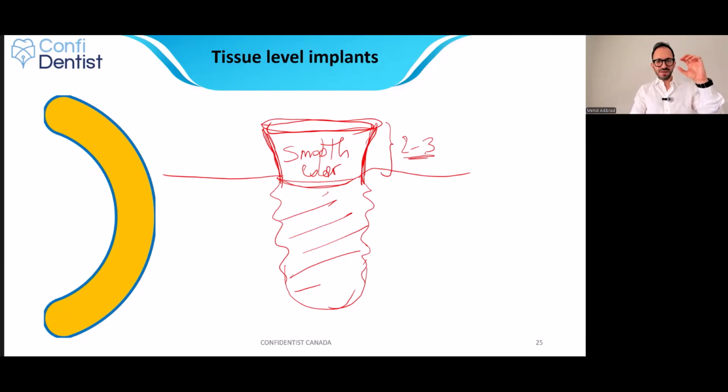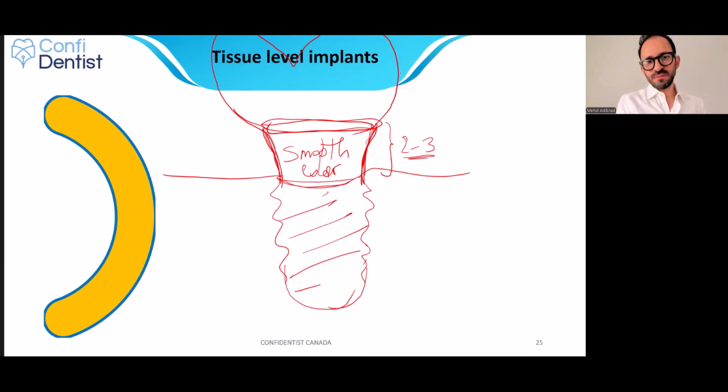Some implant designs have a little bit shorter smooth collar. When I say 2 to 3 millimeter, it means 1.8 to 2.8 millimeter. I'm just giving you a rough number. But that's the average. And then on top of that, we have the crown, and there is no platform switching.